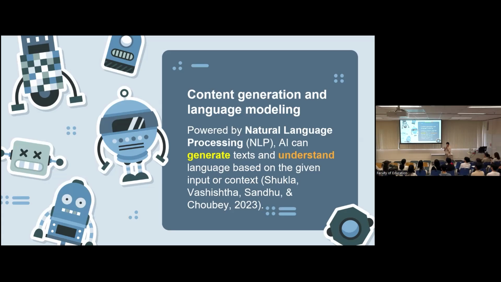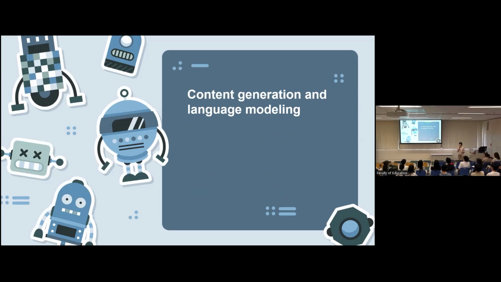NLP is actually a kind of ability, the mechanism behind AI, that lets AI recognize and understand human language, so as to let AI interact with you, right? No matter whether you are interacting with the AI by speaking or, very commonly, using written words, right? So that's why every time you key in some prompts, AI will generate the results you want, right? So that is the first mechanism.